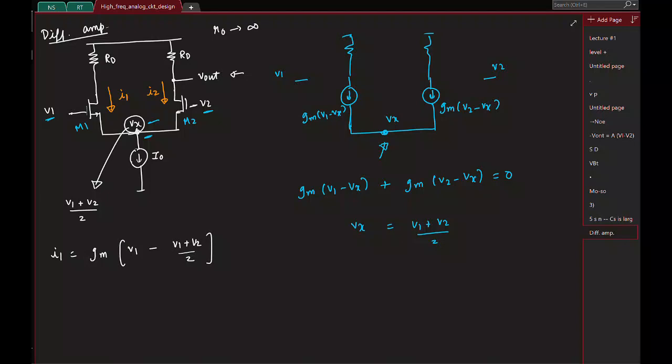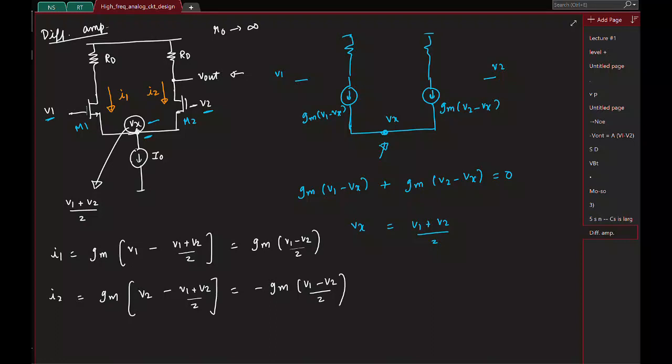So what is this? Yeah, Gm times V1 minus V2 by 2. Fine. Similarly, I2 is what? Minus Gm times V1 minus V2 by 2.